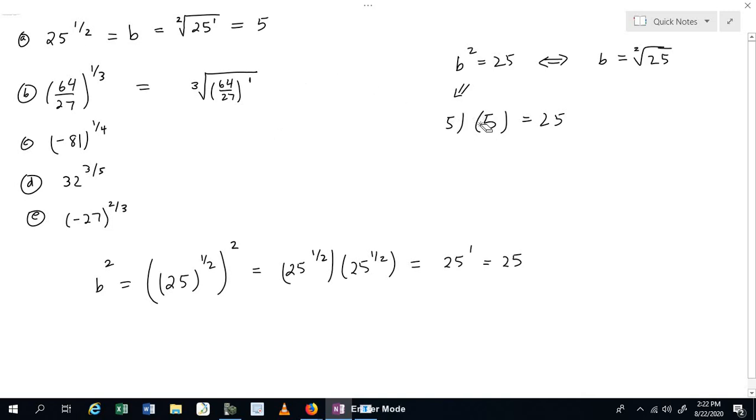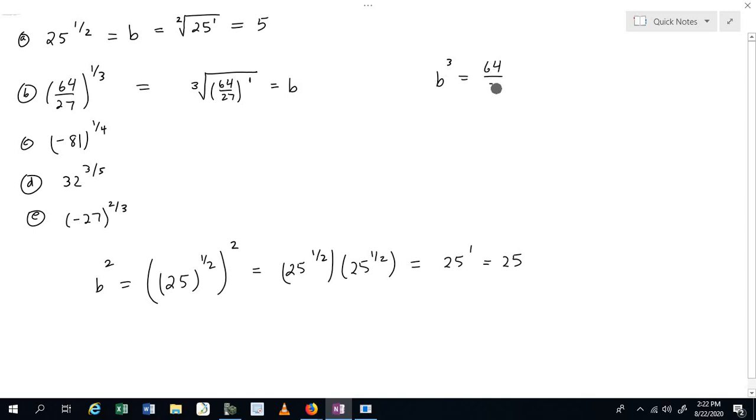Now let's try to figure out what the cube root of that number is. Let's call this b. This means b cubed has to equal the radicand, 64 over 27. So we're looking for some number that we can multiply by itself 3 times and get 64 over 27.